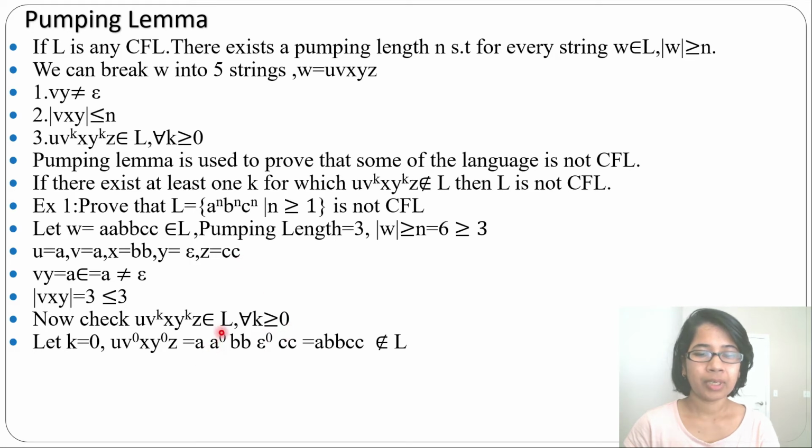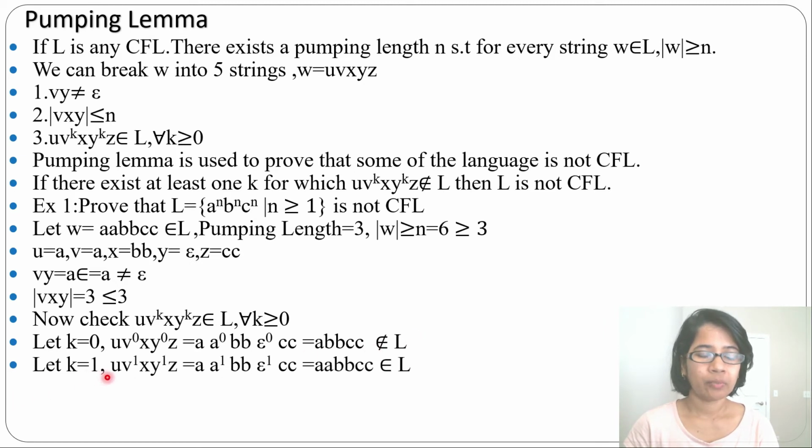Now something power 0 will be epsilon. So we get a, bb, cc. Here the number of a is not equal to the number of b and c. That's why this does not belong to L. If we get at least one k that does not belong to L, then you can prove simply that this is not CFL.